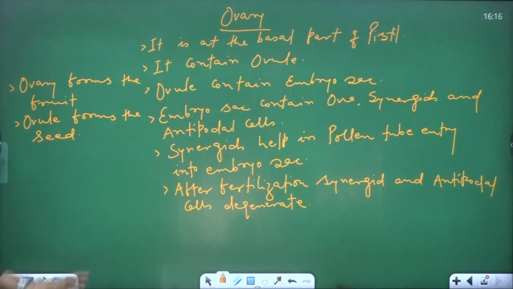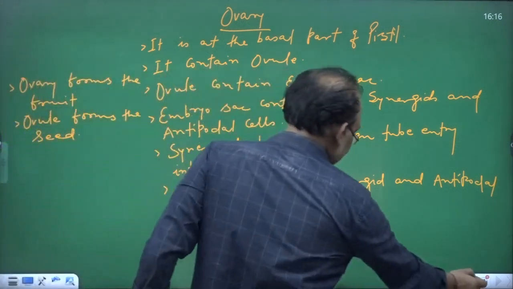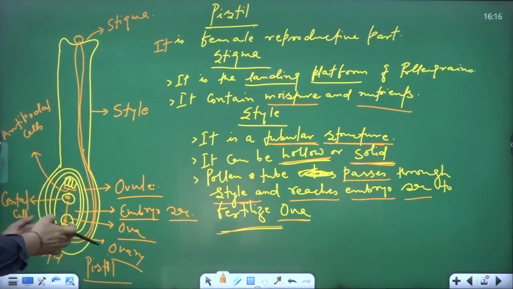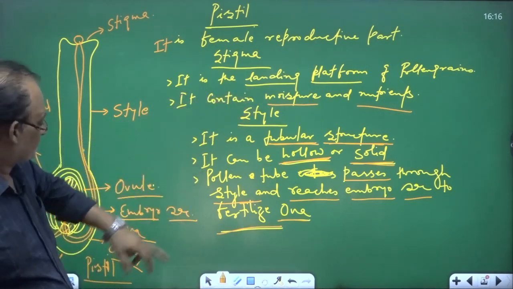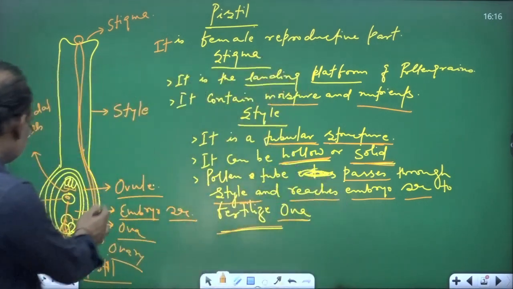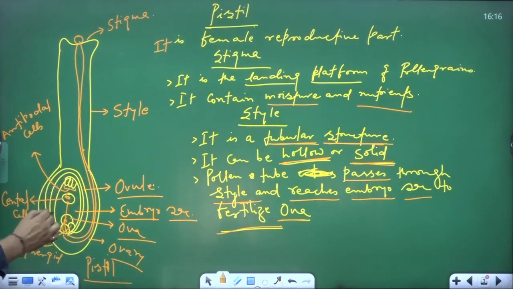Written. You understood this? See, as I told you in the previous diagram, it is at the basal part. Second, it is the ovary. It contains ovule, and ovule contains embryo sac, and embryo sac contains the ova and central cell and antipodal cells, and two synergids.